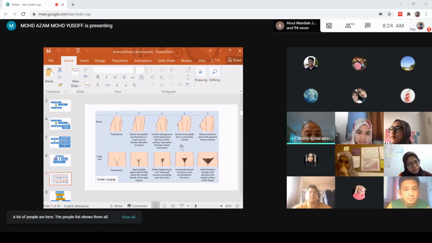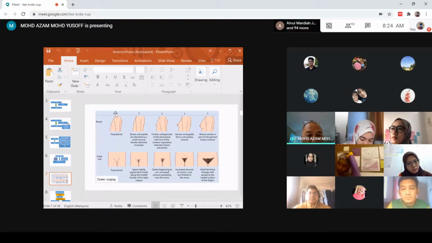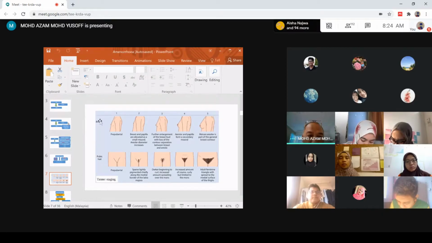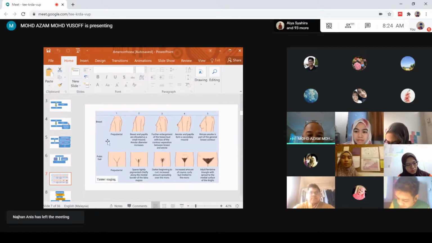Of puberty, isn't it? The secondary sexual development. The breast has 5 stages. Breast and pubic hair. The breast is more toward estrogen, and the pubic hair more towards androgen.